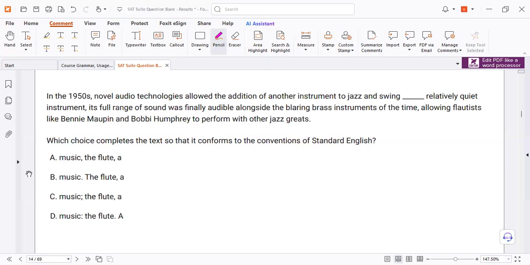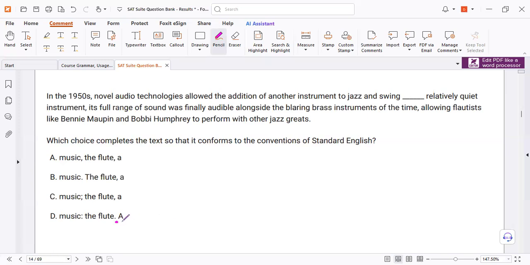My answer here was C. Letter C. Yes, but you have a trap in C. What is the beginning of the sentence?